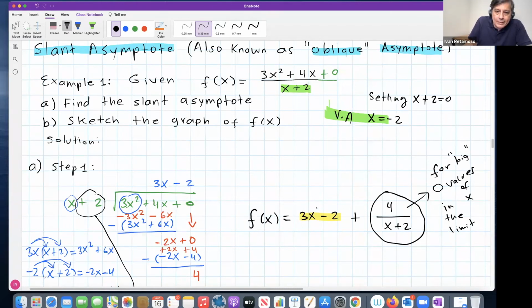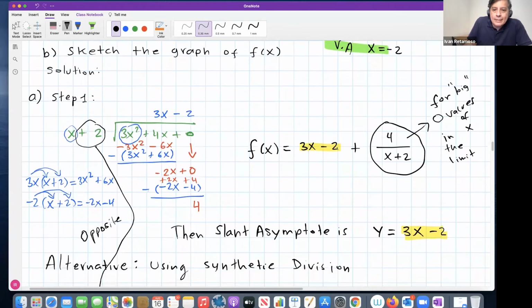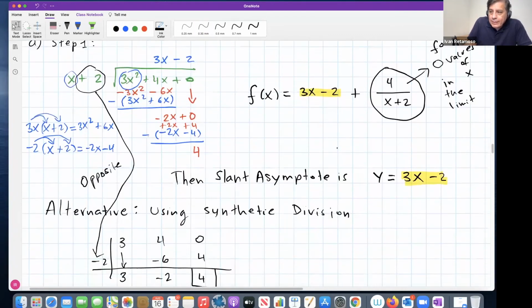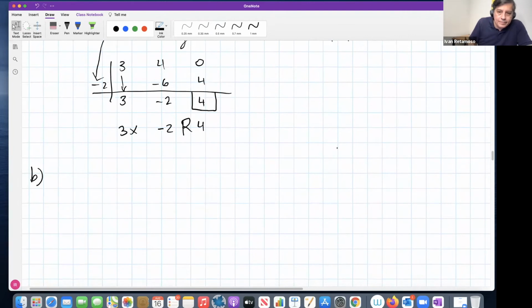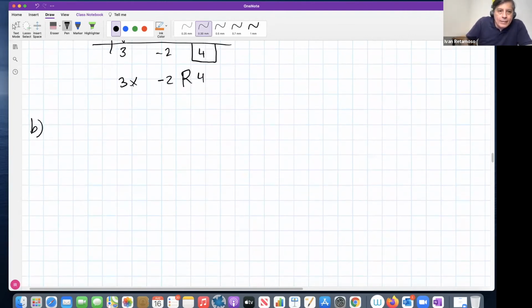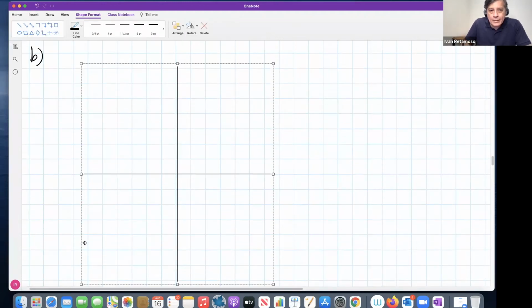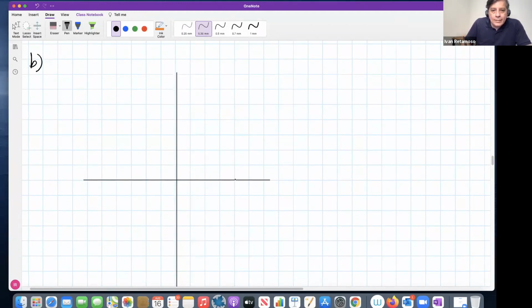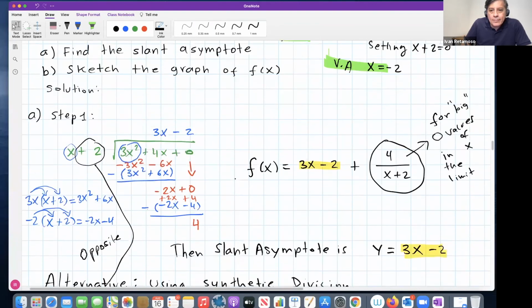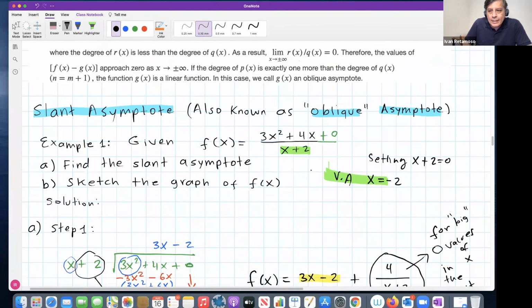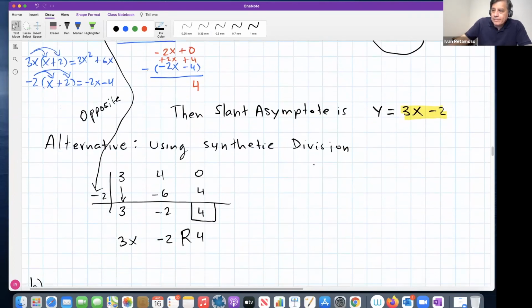x equal negative 2 is the vertical asymptote. We have the slant asymptote 3x minus 2, right? So let's graph this too. All right, so then basically you're gonna have something like this. Let's say the x equal negative 2 was the vertical asymptote, right?